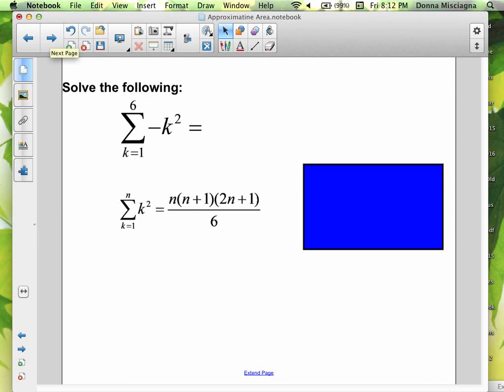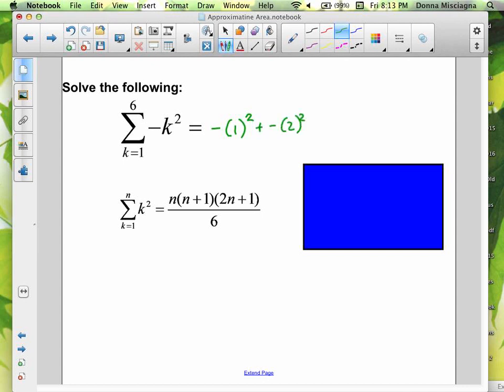One way you could do this is to have negative 1 squared and negative 2 squared and negative 3 squared all the way till you got to negative 6 squared. Notice the negative's not being squared.